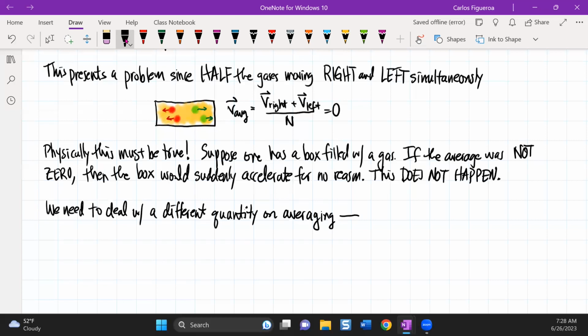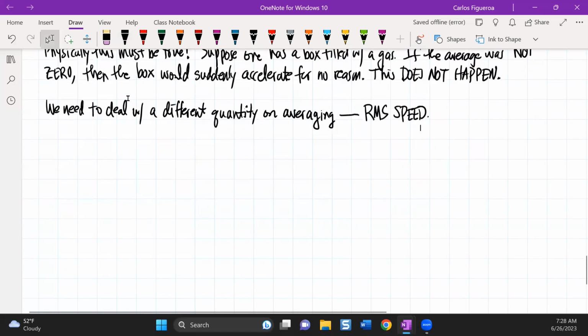And this is what leads to the RMS speed that we've been talking about. So what does RMS speed mean? The first thing you've got to do is that the S stands for square: you square the velocities.